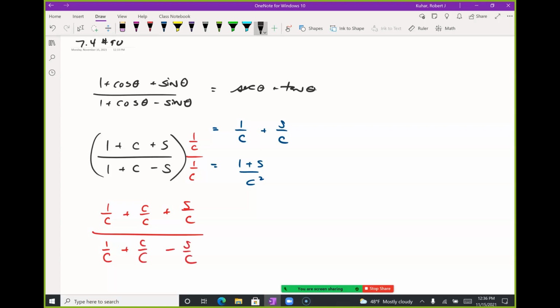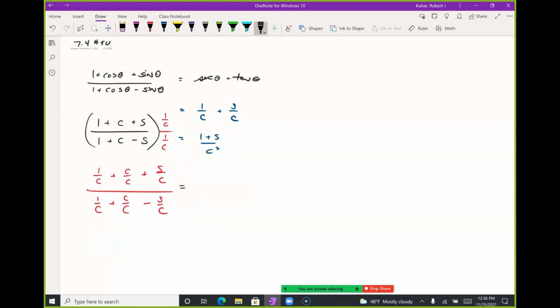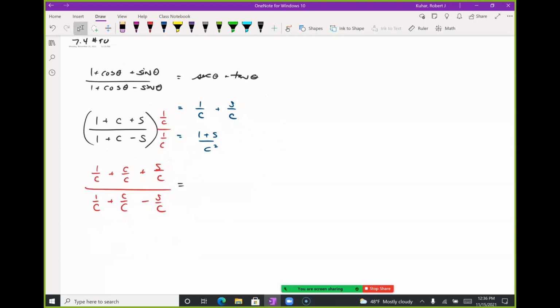Is everybody with me here on the left-hand side? So I get 1 over c plus 1 plus s over c. Well, there's my secant plus tangent.